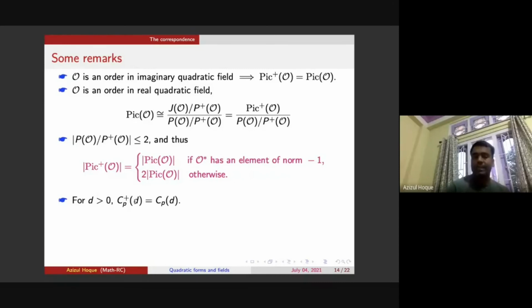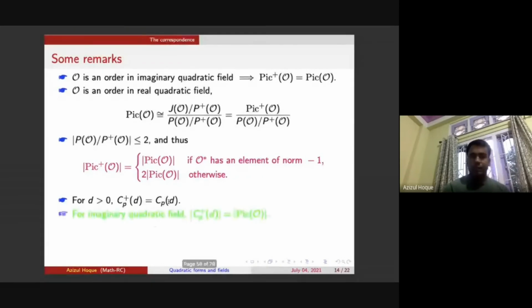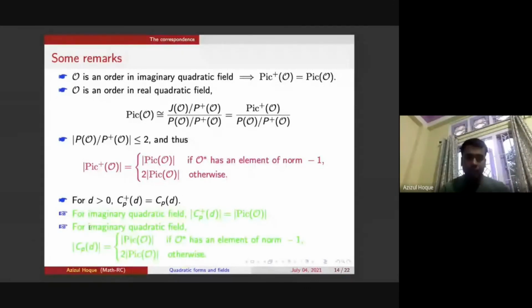So in that case there is no question about positive or negative definite quadratic form. So in that case we have this structure only. If I sum up this one, then for imaginary quadratic field we'll have this one, and for real quadratic fields we'll have this one. Sorry, this is a real quadratic field, this is not imaginary one, so sorry for that.